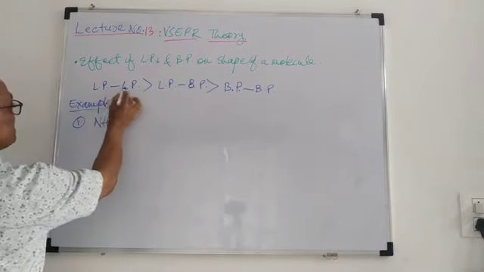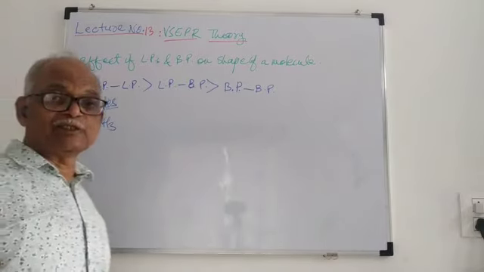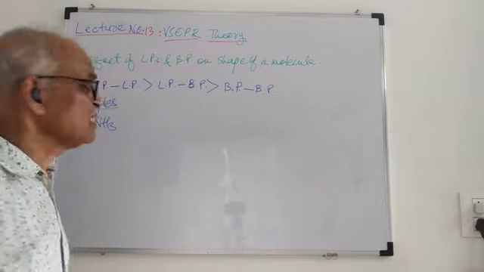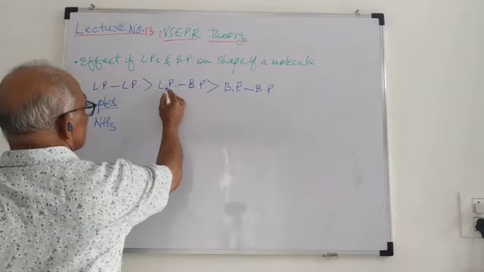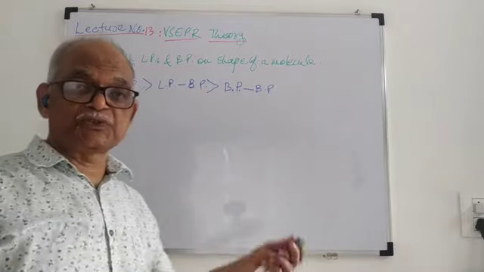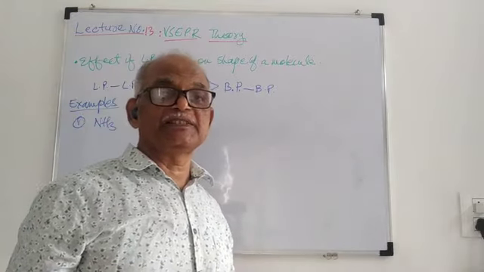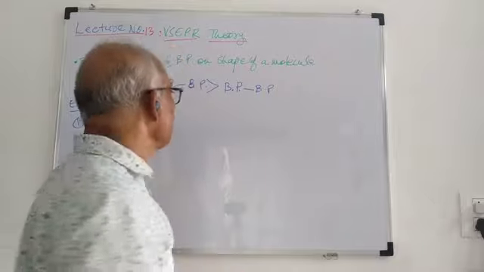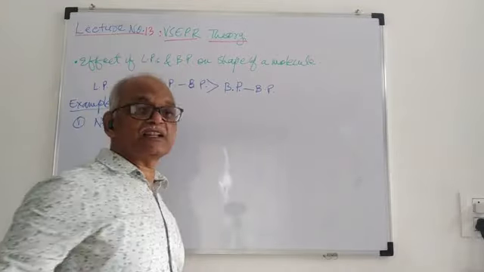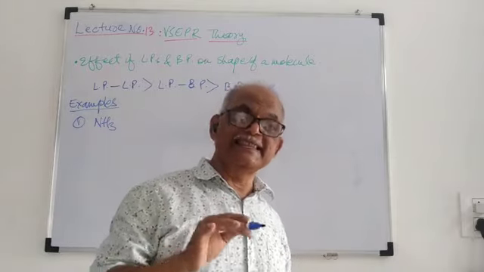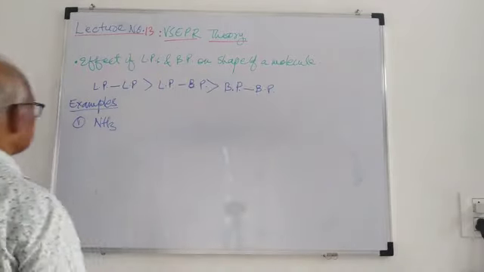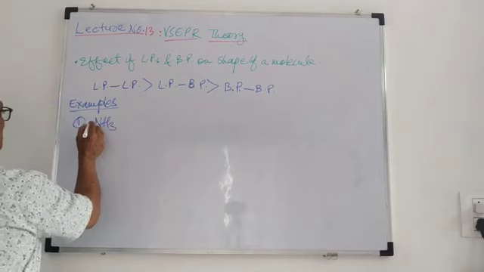When two lone pairs are lying close to each other, the magnitude of repulsion is maximum. When there is one lone pair and one bond pair close to each other, the magnitude of repulsion is relatively less. Again, when two bond pairs are close to each other, the magnitude of repulsion is again less. So in some examples we will see this structure.